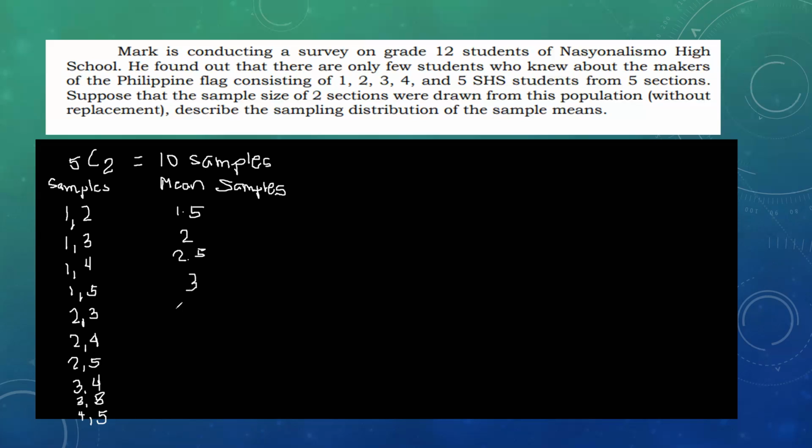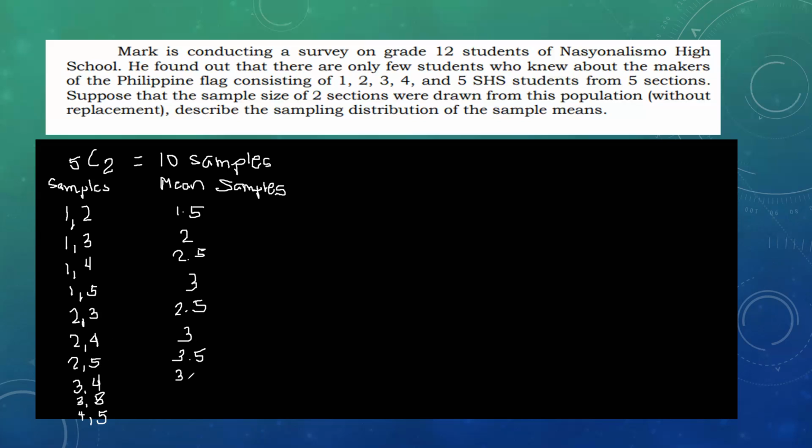2 plus 3, that will be 5. Divided by 2, 2.5. 2 and 4, that will be 6 divided by 2, that will be 3. 2 plus 5, 7, that will be 3.5. We divide that sa 2. 3 plus 4, that will be 7 also.